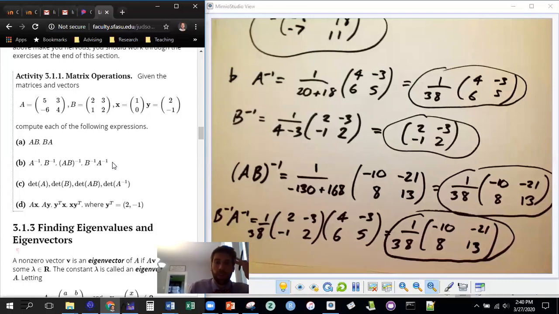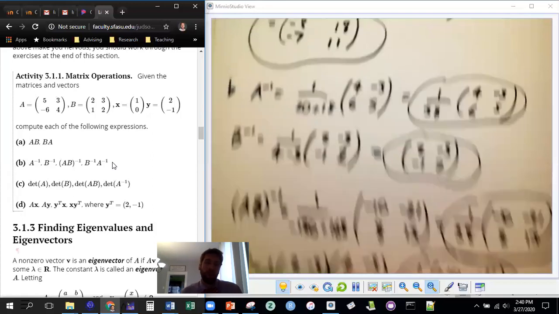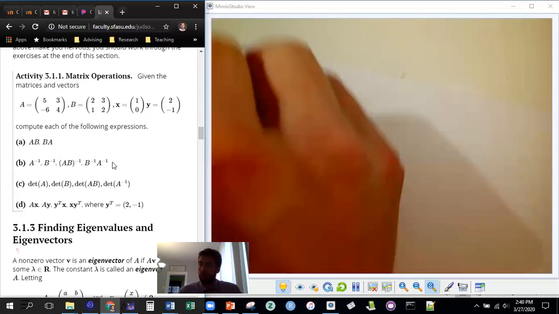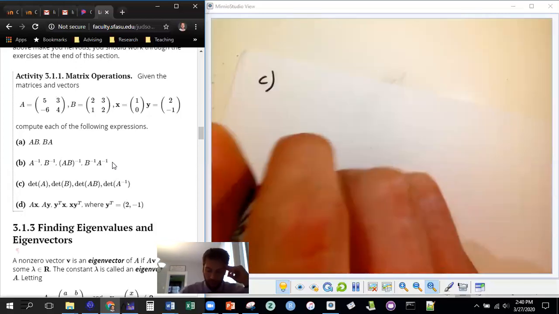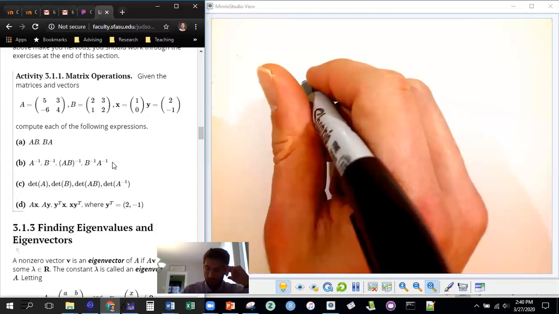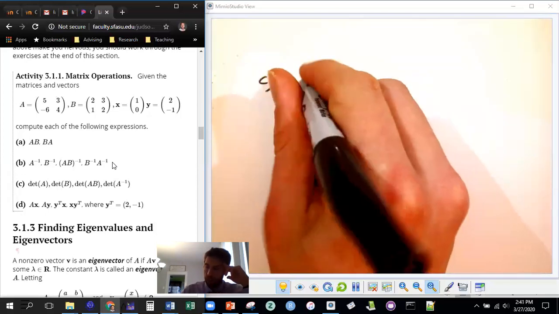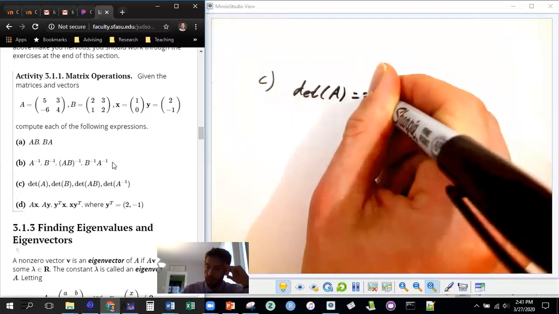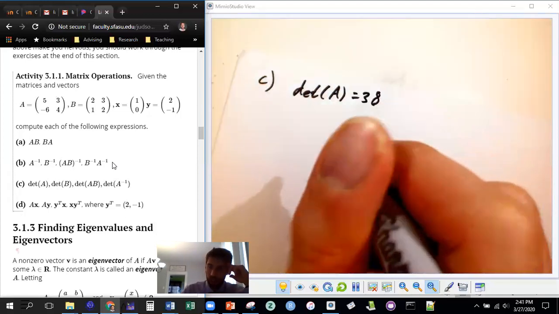Okay. Now we got to find all those determinants. But I already know them because, well, do I? Let's see. I already calculated A inverse and B inverse, so I know those determinants. So A inverse, we already found that determinant to be 38. Determinant of A was 38. And we found the determinant of B to be 1.